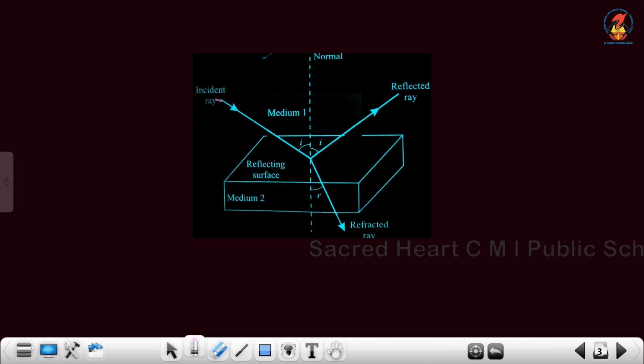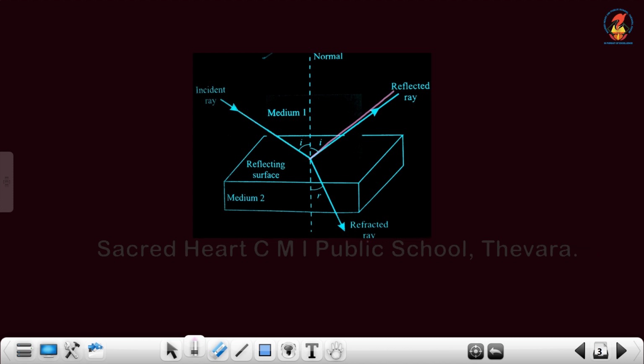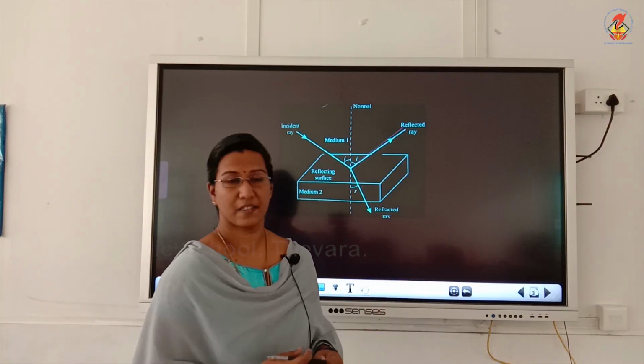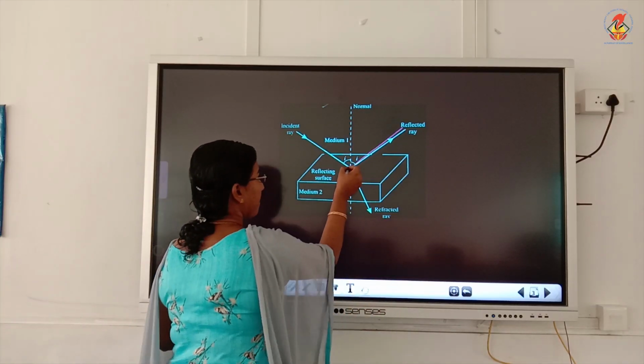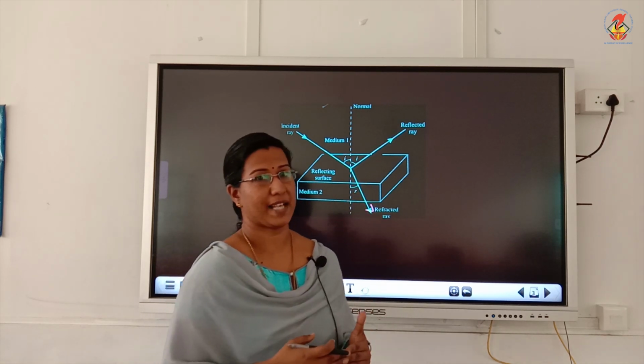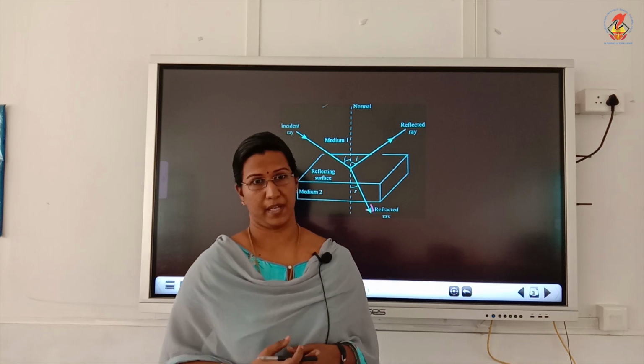If this is the incident ray, then a part of light will get reflected, a part of light may get absorbed by the medium depending upon the nature of the medium on which the light is falling, and a part of light may pass through the medium. So reflection is happening, refraction is happening and absorption is happening.